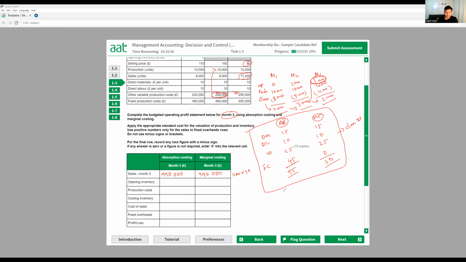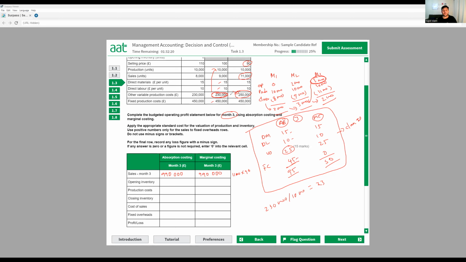The direct material, direct labor, and fixed overhead are the same for month number 2, so 10, 15, and 45 are the same. Only this one, 25, was 23 in month number 2, isn't it? So 230,000 divided by 10,000 is 23.